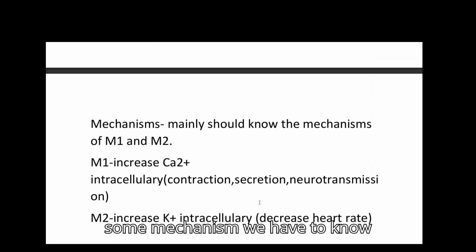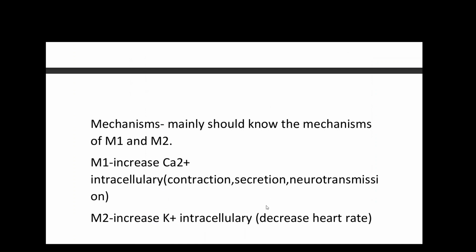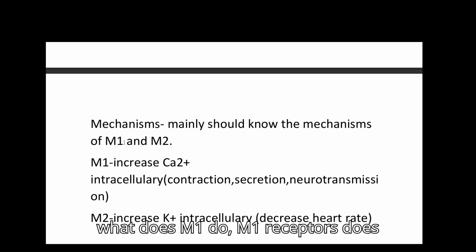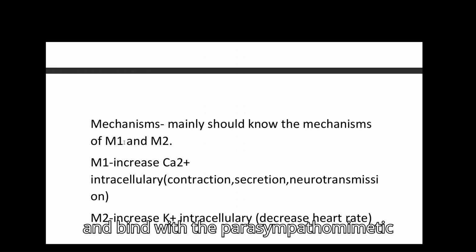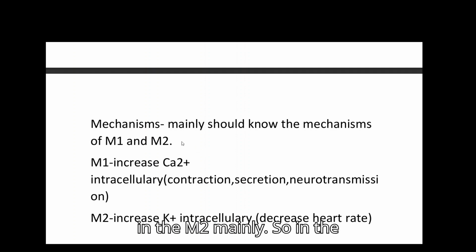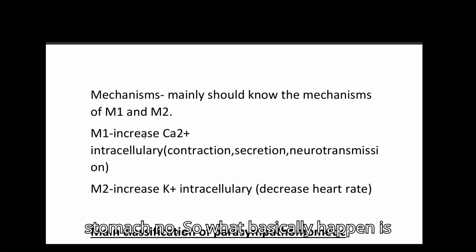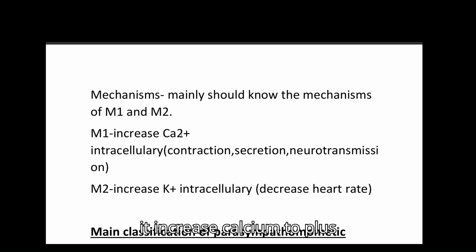Some mechanisms we have to know. We don't have to know every mechanism, but the main mechanism we have to know is what M1 does when it binds with parasympathomimetic drugs, and how it happens in M2 mainly. In the M1 in the stomach, what basically happens is it increases calcium intracellularly.